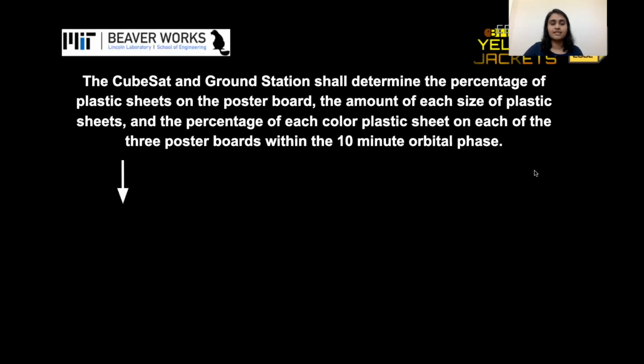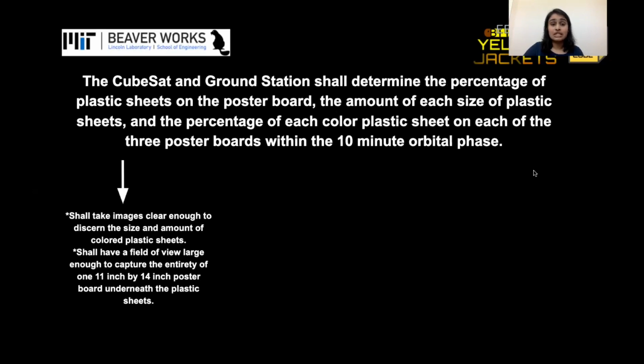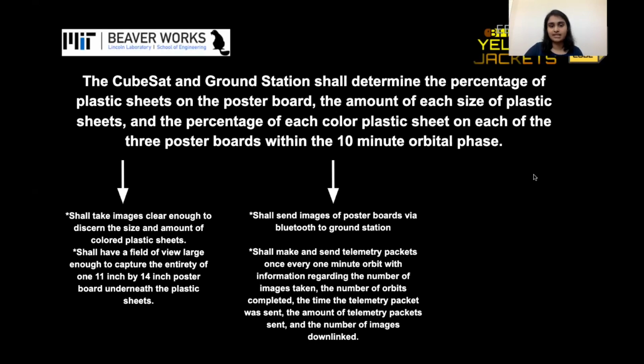First, the camera subsystem that shall take images clear enough to discern the size and amount of colored plastic sheets and shall have a field of view large enough to capture the entirety of the 11-inch by 14-inch poster board underneath the plastic sheet. Following the camera subsystem, we created mission requirements for our Bluetooth communication subsystem.